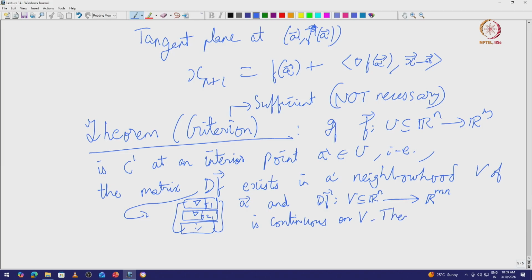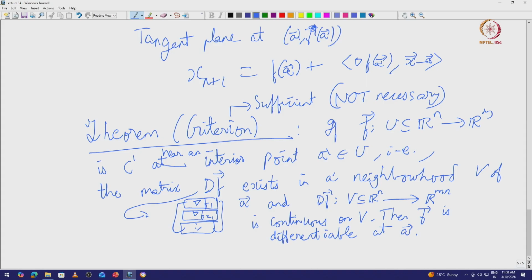Okay. Then f is differentiable at a. C1, maybe I'll say near an interior point. This is the terminology we are using.